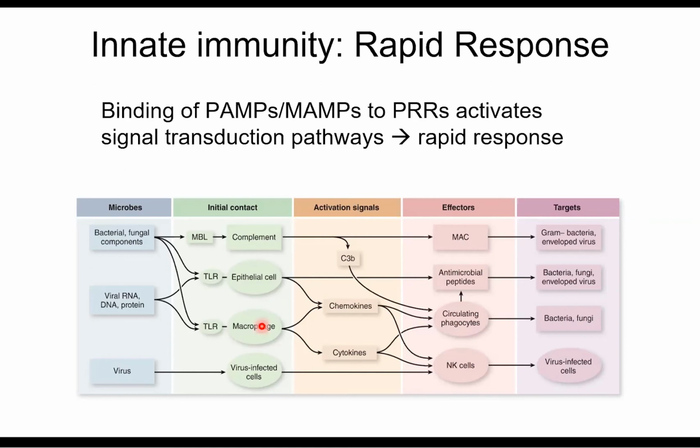Similarly, epithelial cells can respond to these bacterial and fungal components because they possess toll-like receptors on the outside of them. And when these epithelial cells bind these components at their toll-like receptor, that elicits the production of chemokines, which are chemicals that attract circulating phagocytes and natural killer cells to the binding site.